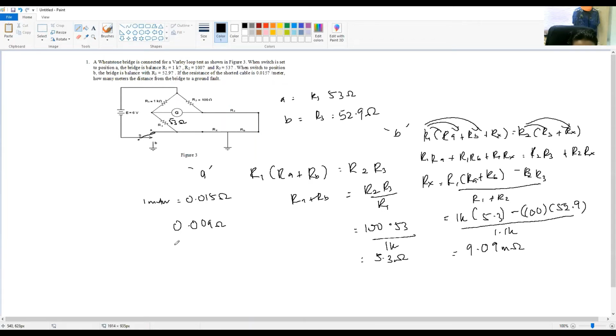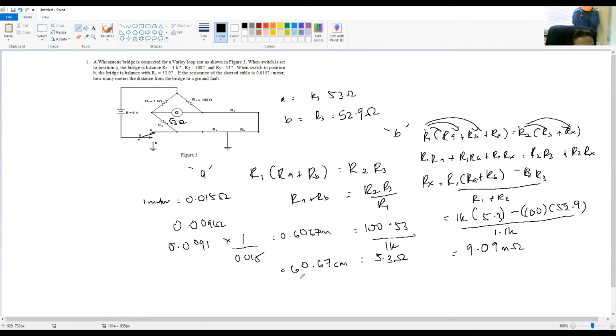Using this formula, 0.009 multiplied by 1 over 0.015, the answer will be 0.6067 meters. Converting into cm, it will be 60.67 cm. That is the length.